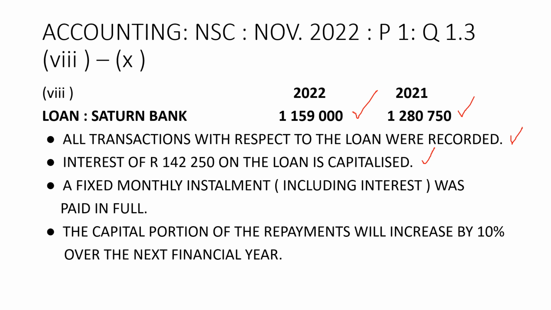Bullet number 3, a fixed installment including interest, very important to note, including interest, was paid in full. And bullet number 4, the capital portion of the repayments will increase by 10% over the next financial year.